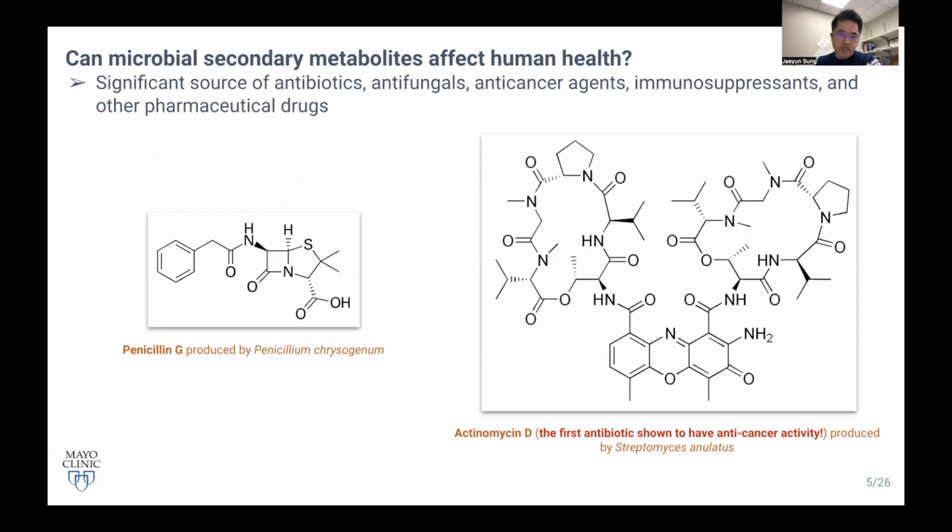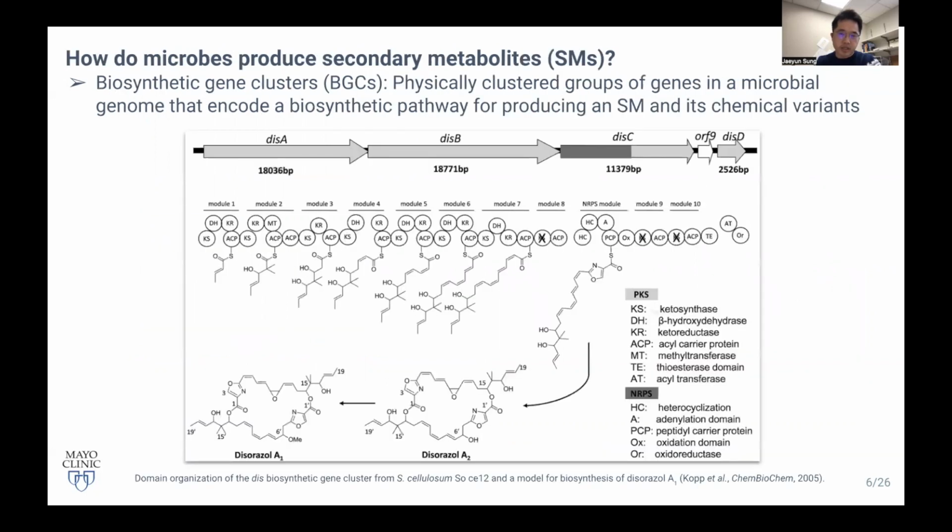But how do microbes make secondary metabolites? It's by using biosynthetic gene clusters, or BGCs, which are physically clustered groups of genes in a microbial genome that encode a biosynthetic pathway for a secondary metabolite and its chemical variants. As you can see in this example, the cluster of genes here encode for mega enzymes.